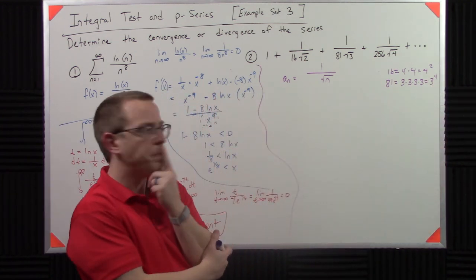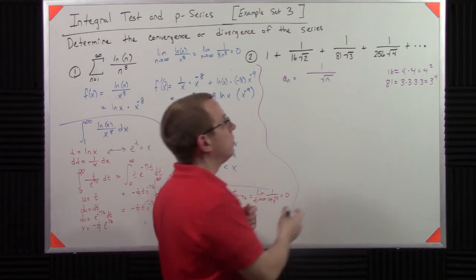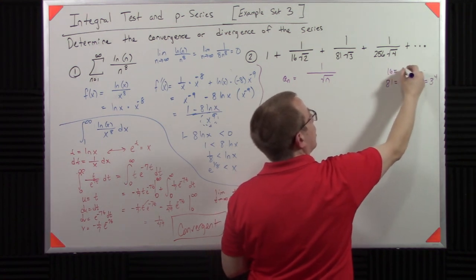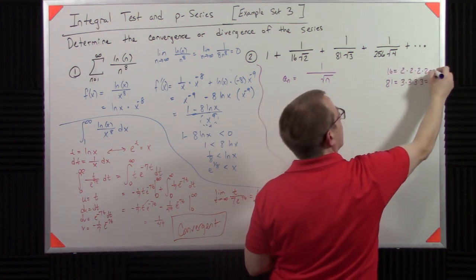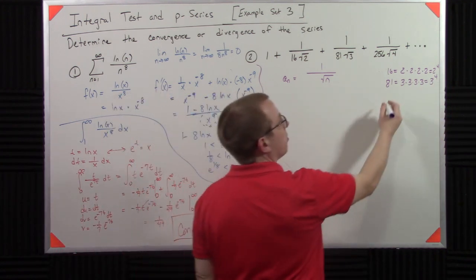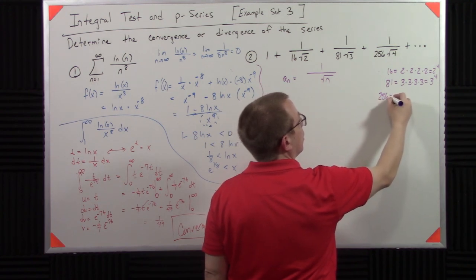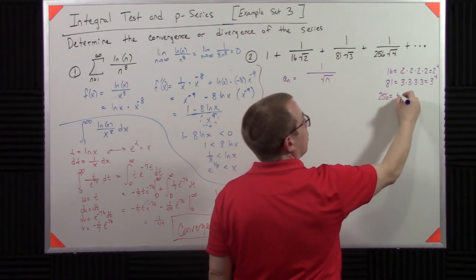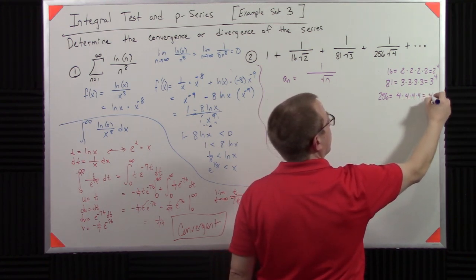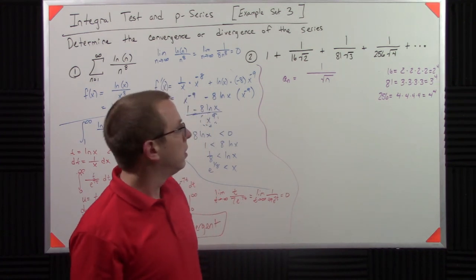Well, that doesn't really help me. So what if I instead say 2 to the 4th? Okay, that looks a little more promising. Okay, that's 4 to the 4th. Okay, that's a little more promising.